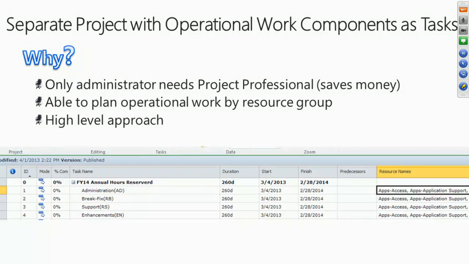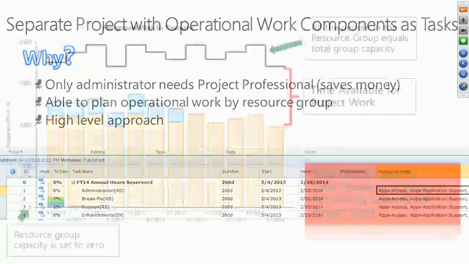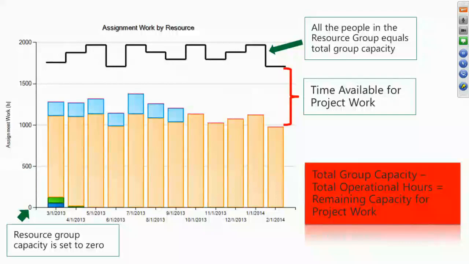So that was it in a nutshell of what we needed to do to get to where we currently were. You're trying to represent the way we actually record our time and how we look at it right now. So on the next slide then, and Cindy had an example of this on several of hers, is this assignment work by resource. So now that we have the capacity laid out, remember, the total number of people to a group drives that top black bar.